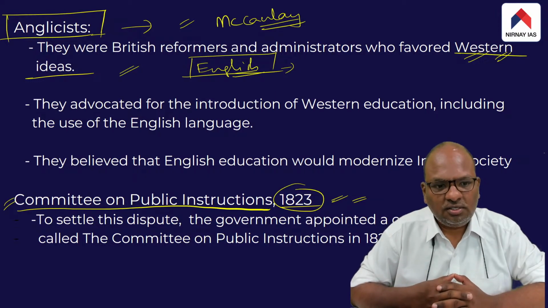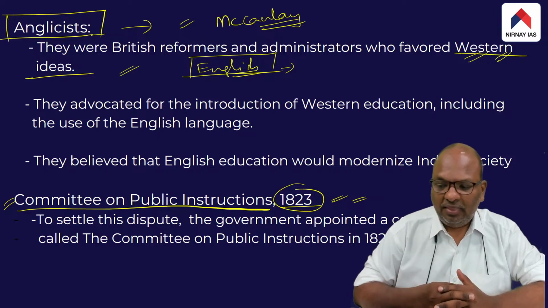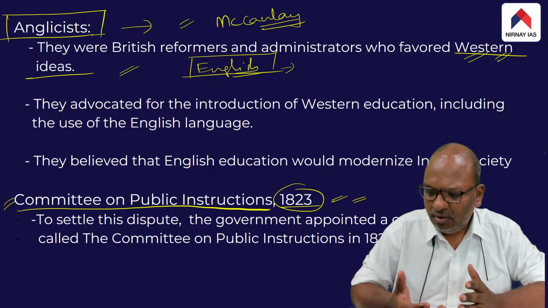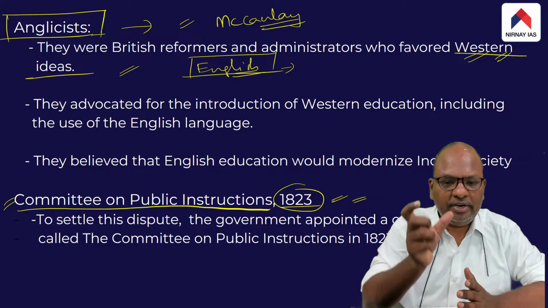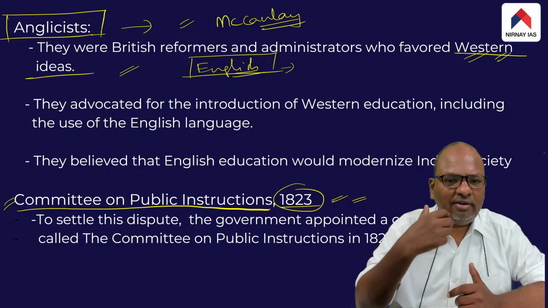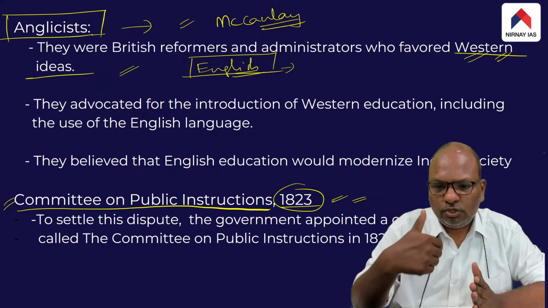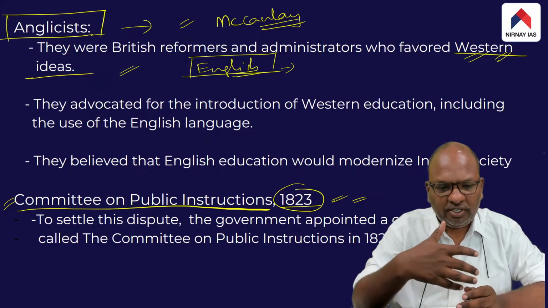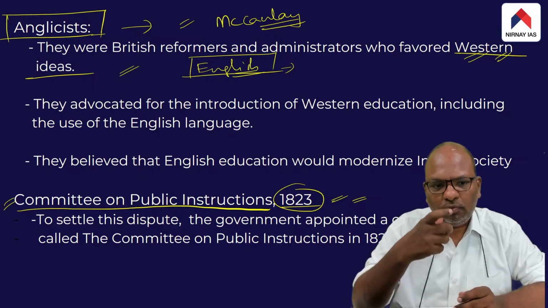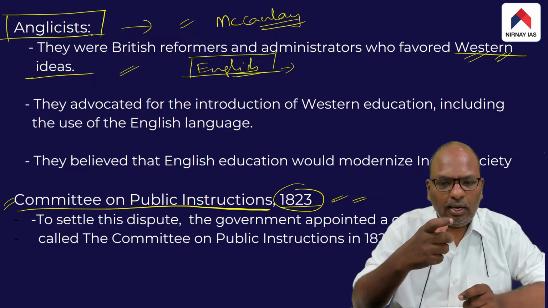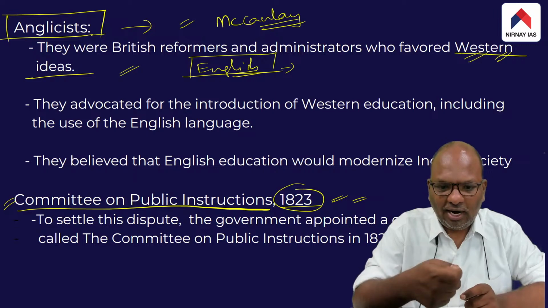The reason was a controversy called the Orientalist-Anglicist controversy. Orientalists were a group of British officers in favor of establishing traditional educational institutions in the country. They were also in favor of promoting education in the vernaculars.